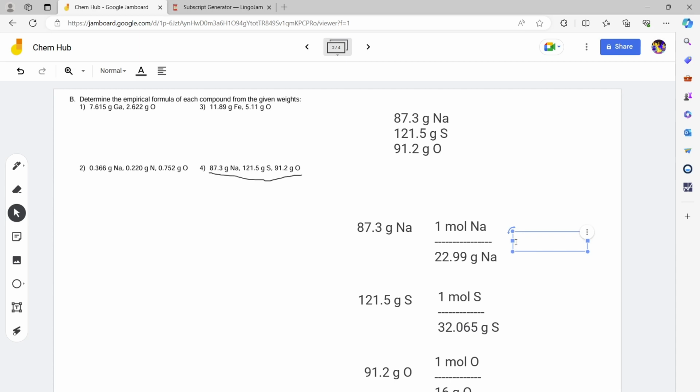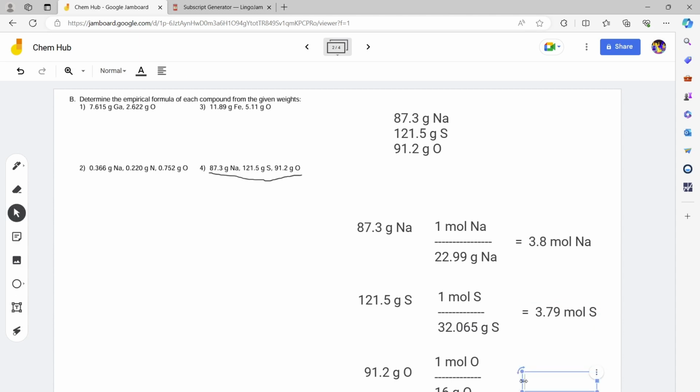For this first one, we get 3.8. Actually, I should put an equal sign there. For the second one, we get about 3.79. About the same number, actually.